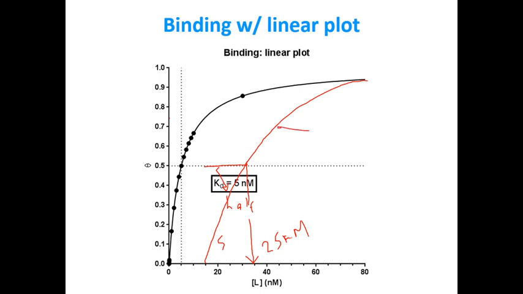This means that this ligand has a lesser affinity for the protein as compared to the first ligand. The first one has a higher affinity.